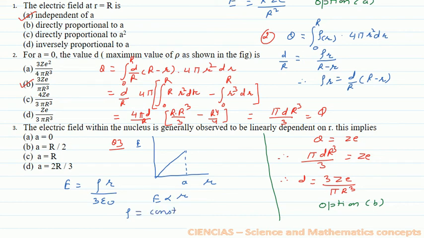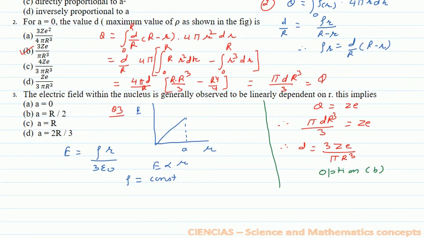So this is possible only when A is equal to R. Now in the options, we see that option C tells A is equal to R. So for this third question, the option becomes option C.